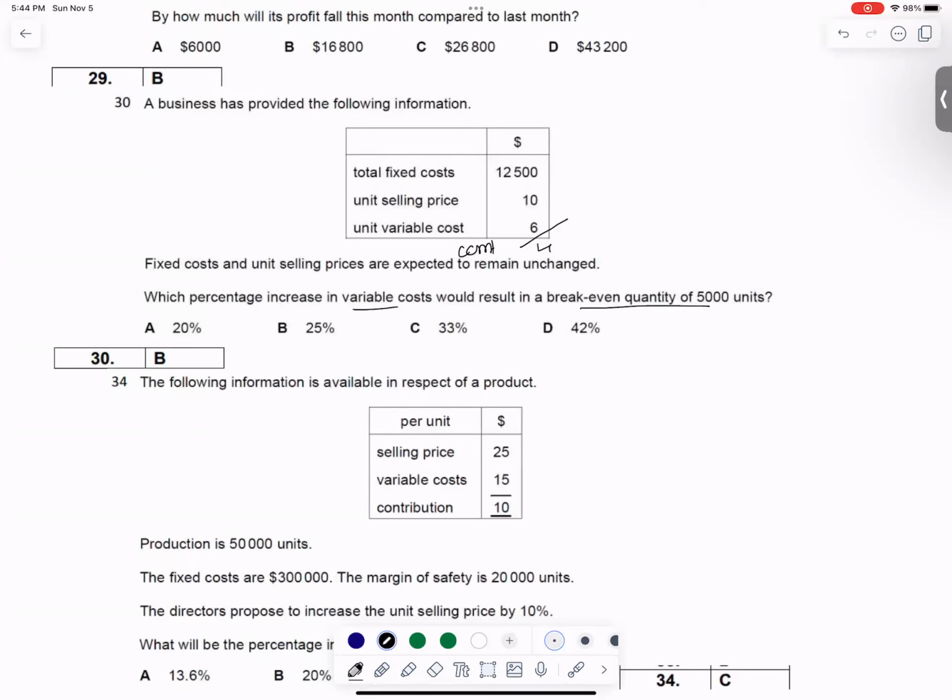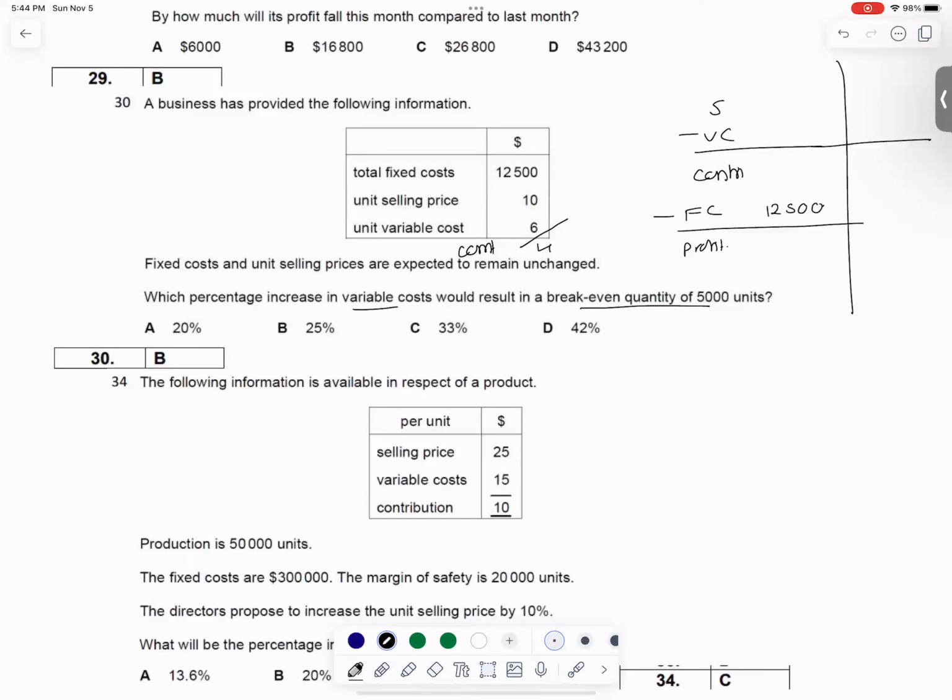So I will do sales minus variable cost is contribution. Minus fixed cost is profit. Total fixed cost is going to remain the same for both. Unit selling price is also going to remain the same for both.